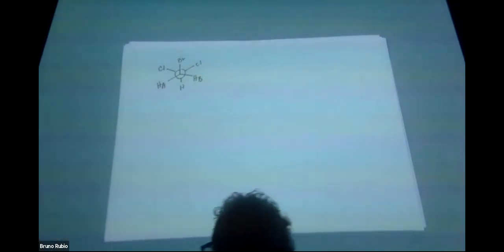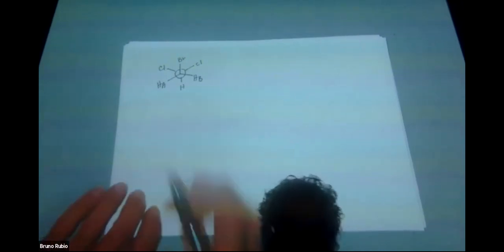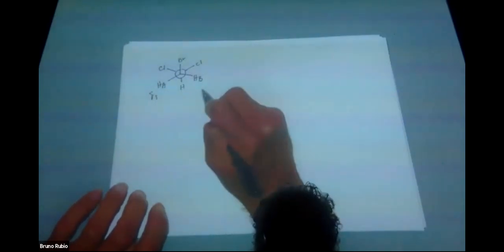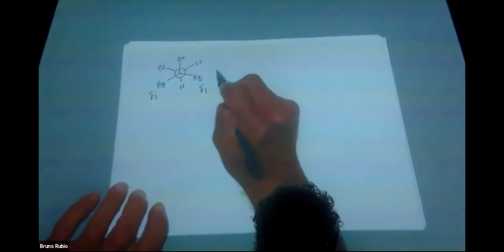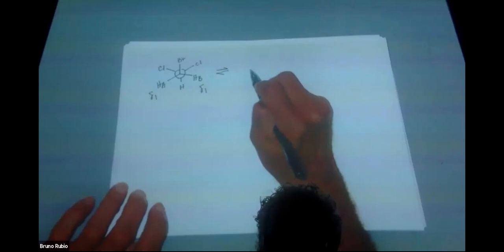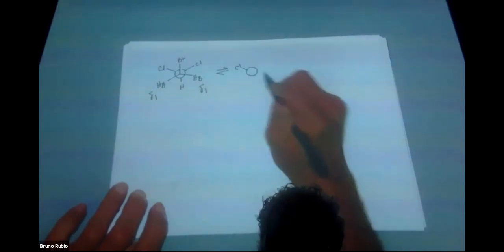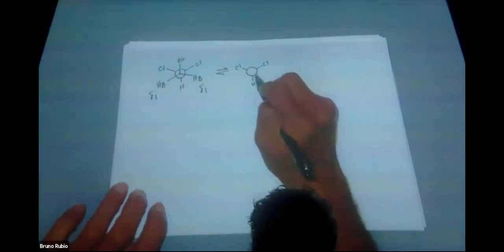If the Newman were frozen in this conformation, HA and HB are related by symmetry, so they're going to have the same chemical shift. I'm going to call that chemical shift delta 1, and HB has that same chemical shift delta 1. Now let's look in on this Newman projection a billionth of a second later.